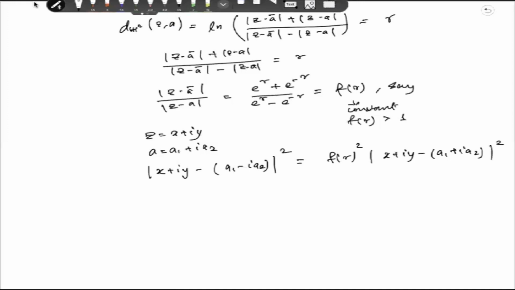So we have the square of x minus a1 plus i times (y plus a2), and we have this thing here.